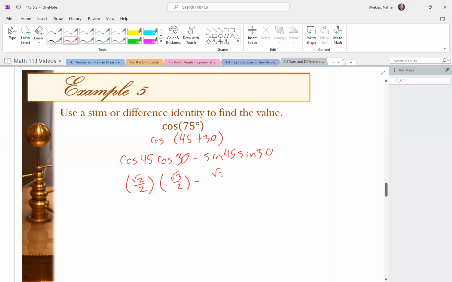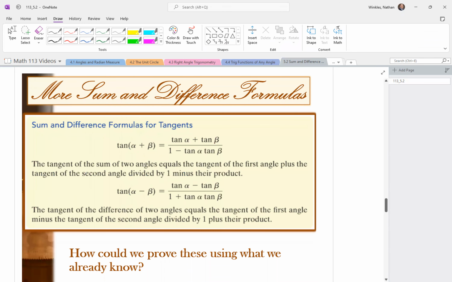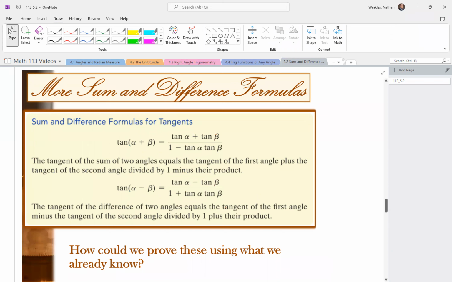Sine of 45 is root 2 over 2. Sine of 30 is 1/2. So we get square root of 6 over 4 minus square root of 2 over 4, or root 6 minus root 2 all over 4 would be our answer here. So far we've talked about sines and cosines. Now we can talk about tangents.